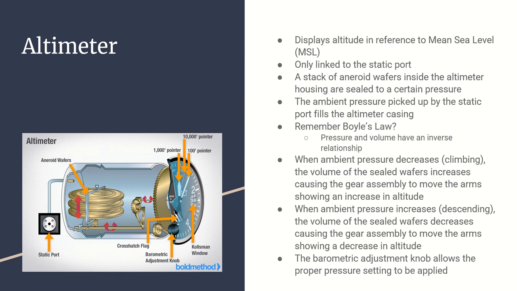So if we have less pressure in the surrounding air, the ambient air, then there's less pressure entering the casing. And if the pressure inside the aneroid wafers remains the same, due to Boyle's law, we will have expansion, an increase in volume of the aneroid wafers, because the pressure around the wafers has gone down.